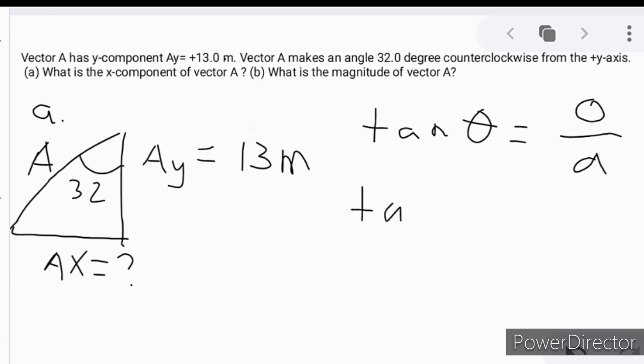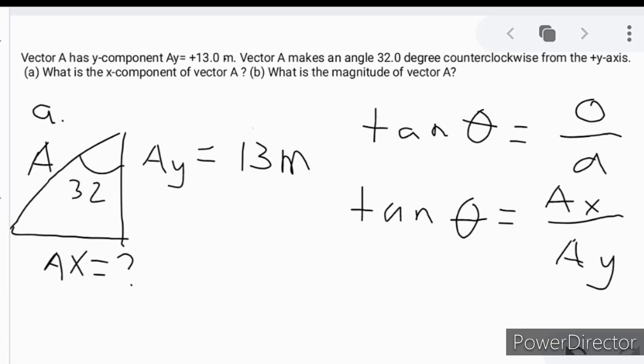So let's transfer it in terms of vector A components. Tangent theta is equal to the opposite side, which is A sub x, or the x component, and the adjacent side, which is the y component, A sub y.